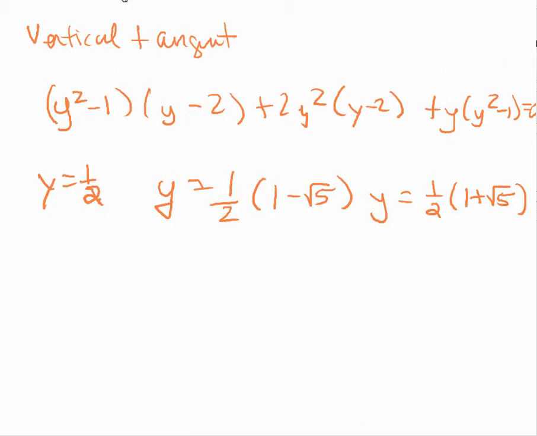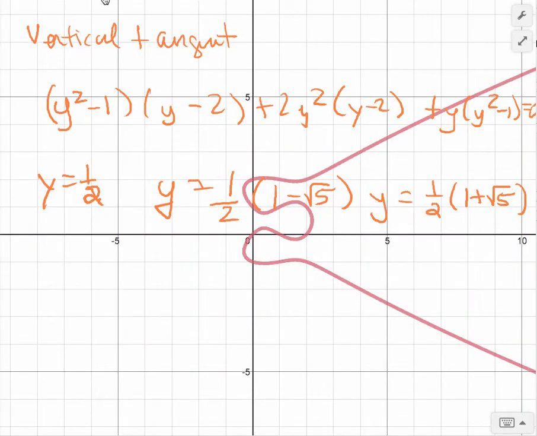If we think back to our graph here, we're going after vertical tangents. Well, we can see some different things going on here. We've got a vertical tangent here, we've got a vertical tangent here, we've got a vertical tangent there. So there's our y is a half, there's our y is a half of 1 plus root 5, there's our y is a half of 1 minus root 5 lurking down there.